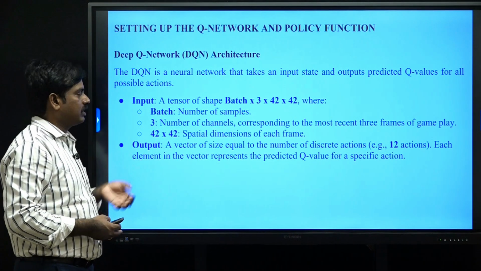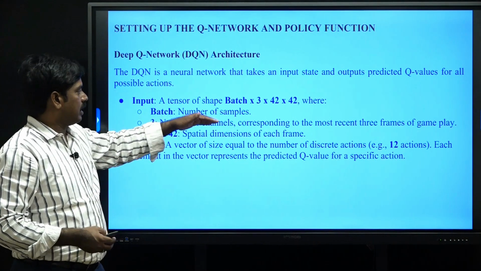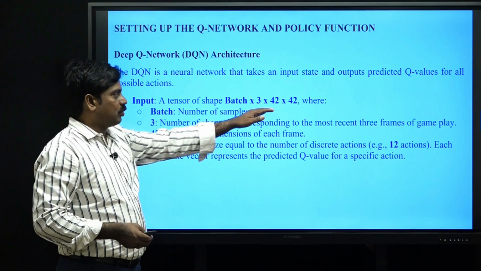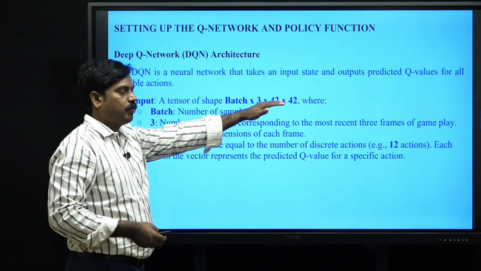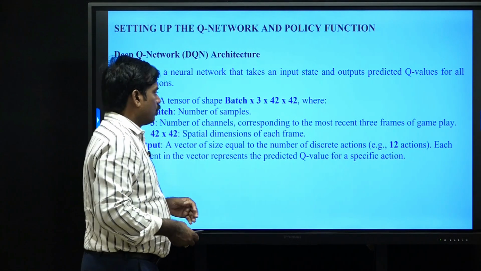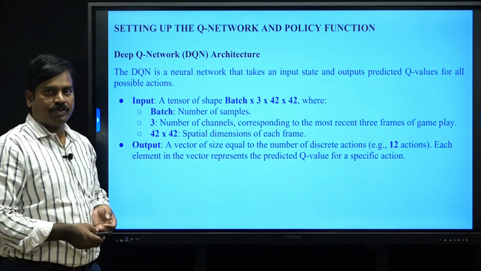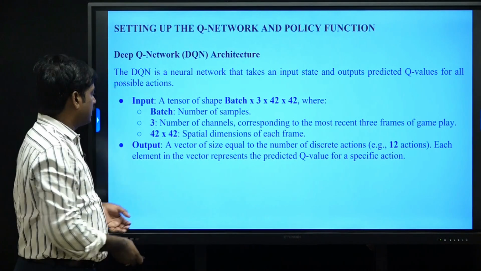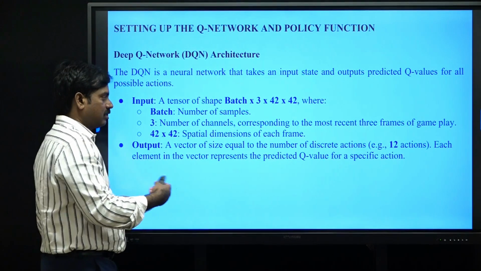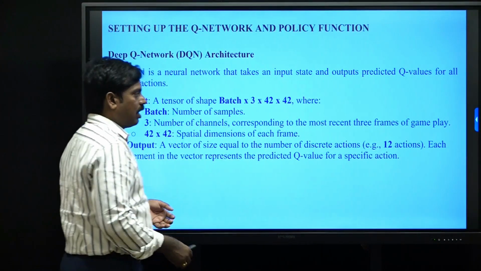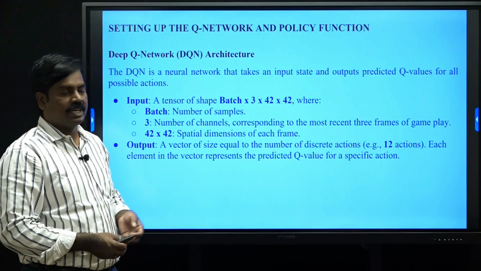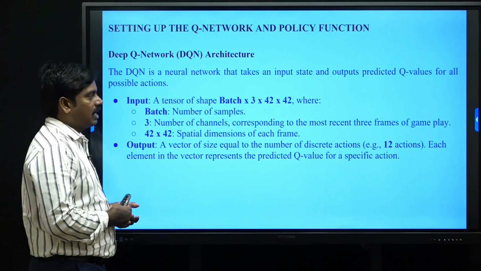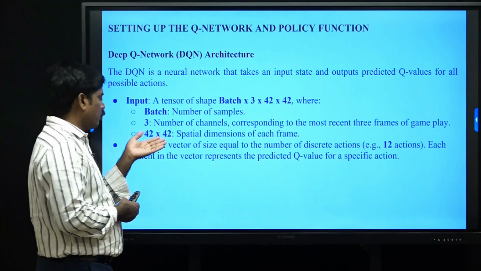Here the input is a tensor of shape batch by 3 by 42 by 42.